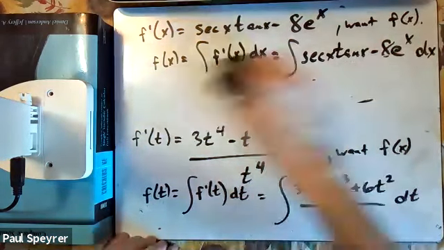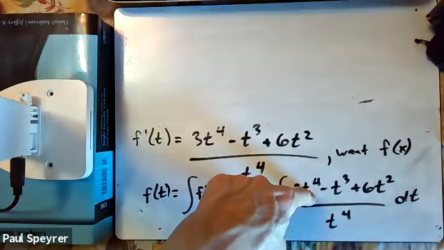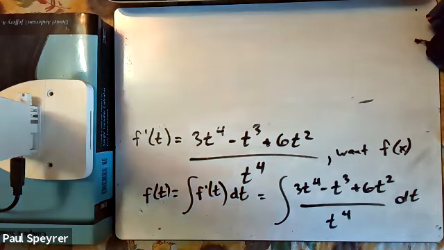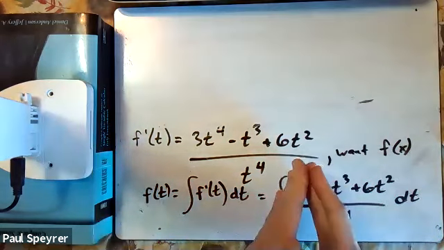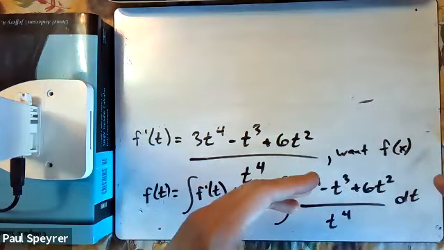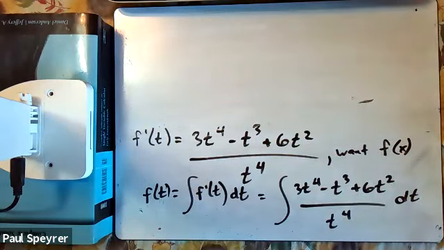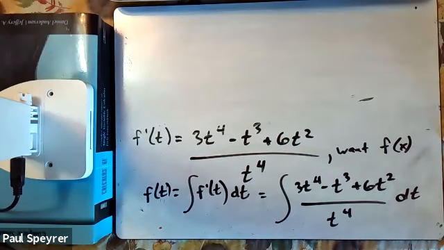Now, how are we going to do that, though? Because, like I said, with division, you can't say, oh, it's the antiderivative of the top over the antiderivative of the bottom. So sometimes you'll have to manipulate these right here. Well, what can we do? We could break it apart into smaller chunks, just the addition and subtraction of this expression without the division part.